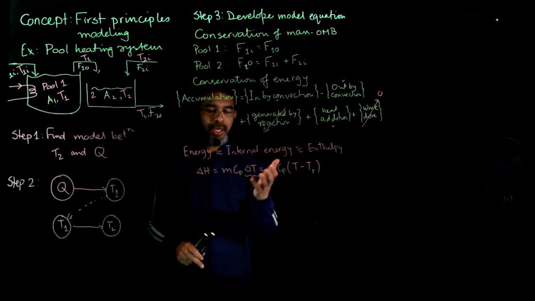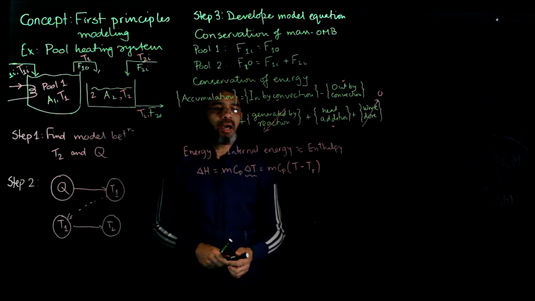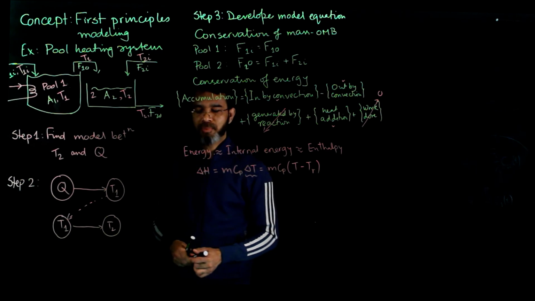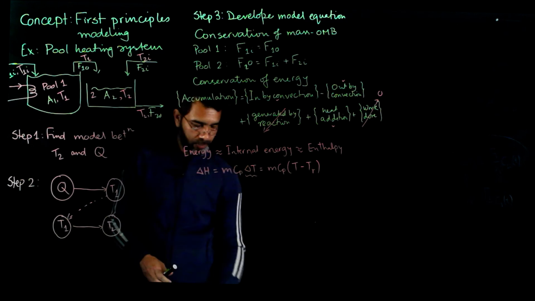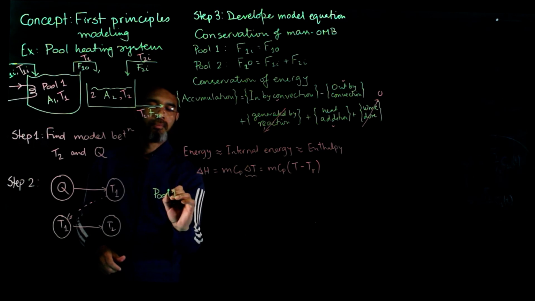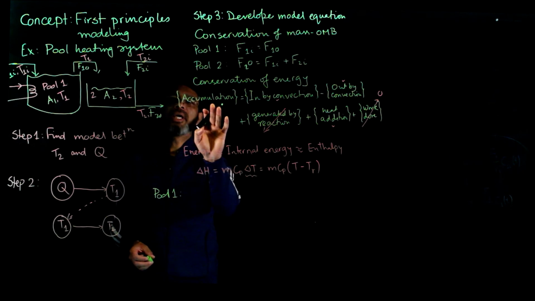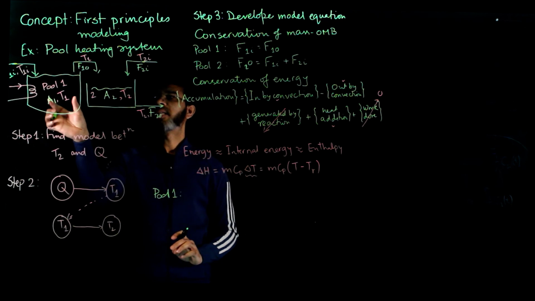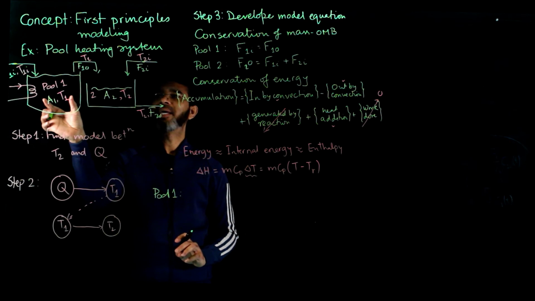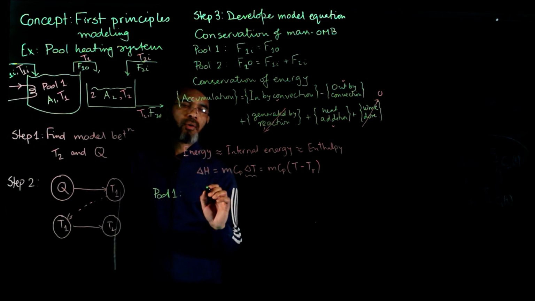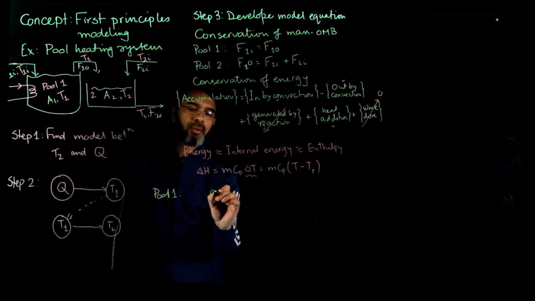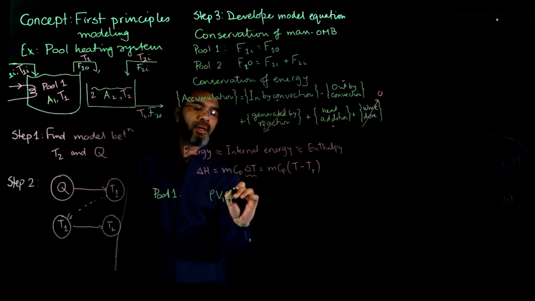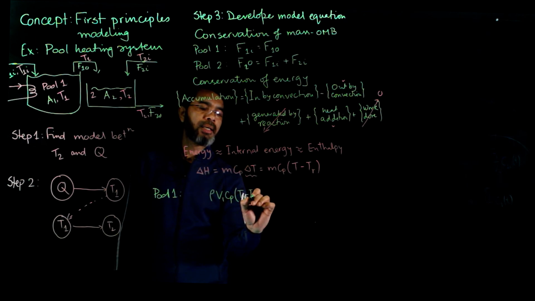So now if we express in this way, we can write down the energy balance for pool 1. The accumulation term will be the energy content in the liquid in pool 1, that's again m Cp delta T. For m it's rho V1, that gives rho V1 Cp, and delta T is T1 minus Tr.